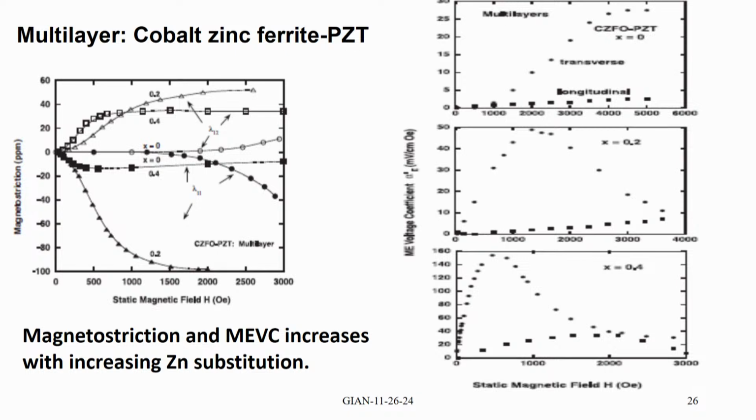Until you get to 1000 Oersted, the magnetostriction stays practically zero. Then it increases. It's negative on the lambda 12 side and positive on the other. When you substitute zinc at 0.2, the magnetostriction increases dramatically, and there is a huge dependence on the bias field, but it's very normal behavior. There is nothing unique about it.